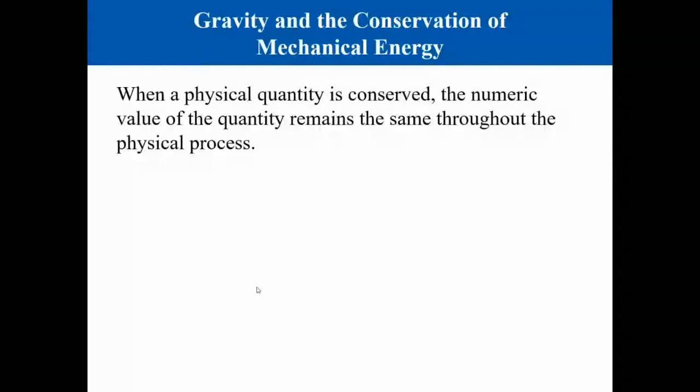We will be embarking on the next thing. Just reading off the slide here, it says when a physical quantity is conserved, the numeric value of a quantity remains the same throughout the physical process. What this essentially means is that at the initial state, if you were at, for instance, 500 joules, in the final state it's also going to be 500 joules, right?